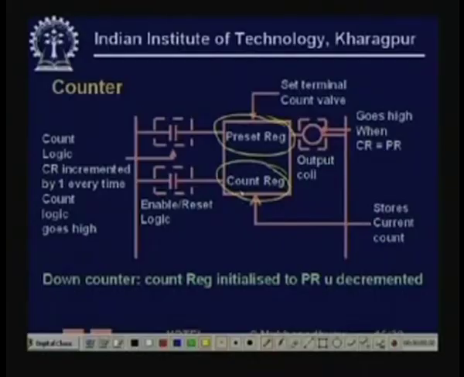but the only thing is that in the timer the timing register is incremented by an internal clock at regular intervals of time. So the timer is nothing but a counter which counts the timing pulses from an internal clock, while for the count register, for the counter, you are trying to count something, maybe the number of parts produced or the number of parts arrived on a conveyor or something like that.